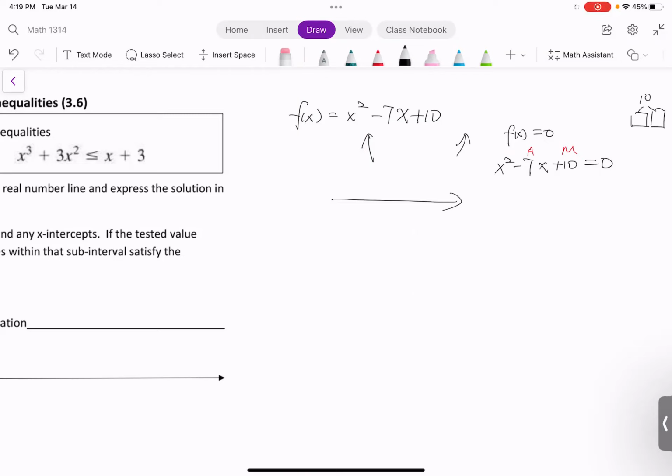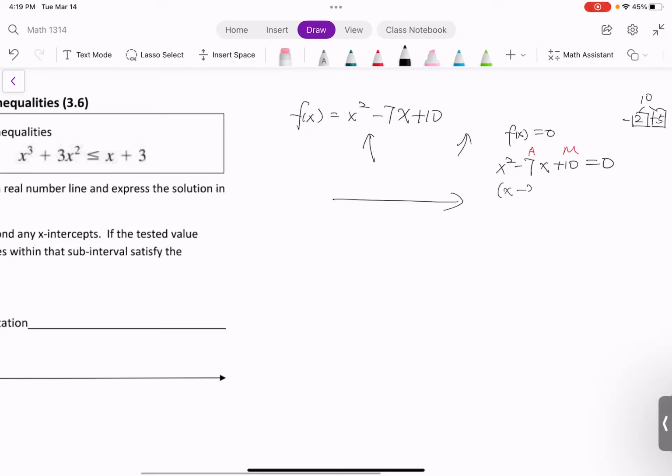They are both negative, -2 and -5. Then addition is -7, multiplication is positive 10. So x minus 2 times x minus 5 equals 0. x minus 2 equals 0, x minus 5 equals 0. Solve these two equations. x equals 2, x equals 5.